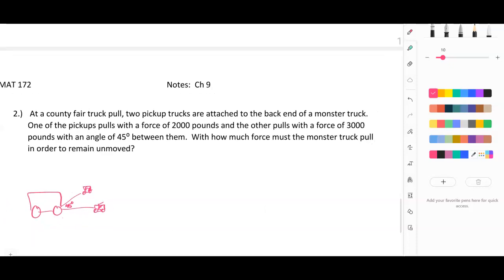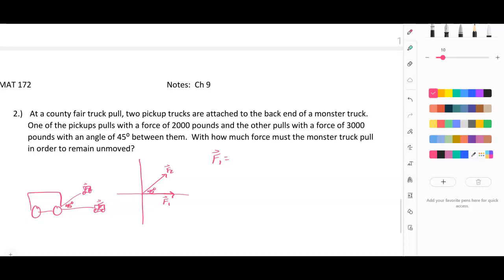So I'm going to be strategic in how I line this up. I'm going to line up force 1 along the positive x-axis, and I'm going to align force 2 this way so that the angle between them is 45 degrees. So when I talk about force 1, remember we're talking about vectors here, so I'm going to use vector notation.